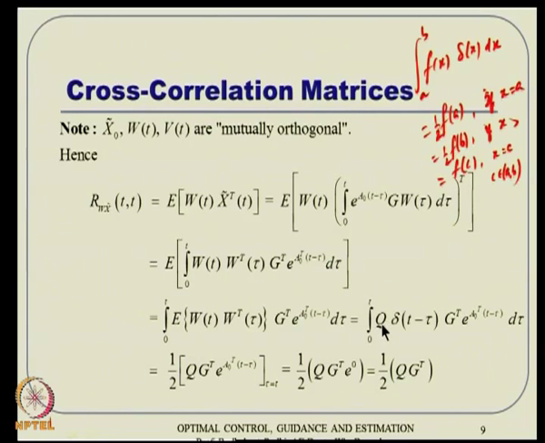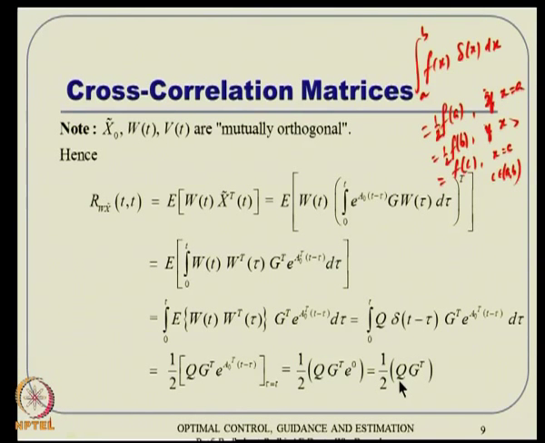So, the entire function whatever we have, we can simply evaluate at t, but we have to make sure that there is a half term associated with it. So, half q g transpose e to the power a0 transpose, and this is 0 basically, evaluated at tau equal to t. This is e to the power 0, and e to the power 0 is identity. So, we will end up with some value like this.